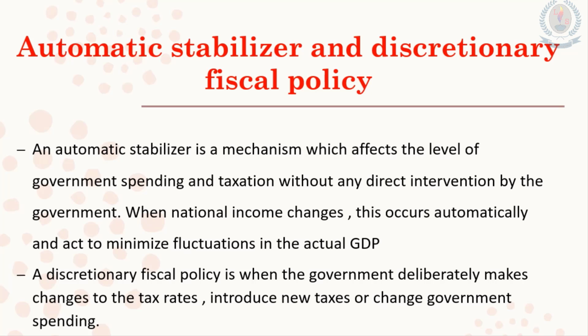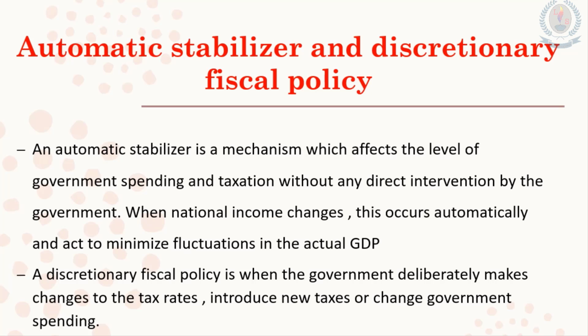Discretionary fiscal policy is when the government deliberately makes changes to tax rates, introduces new taxes, or changes government spending. So what we should notice here is that with an automatic stabilizer there is no government intervention. It is left to the market forces to decide and correct the prevailing situation.